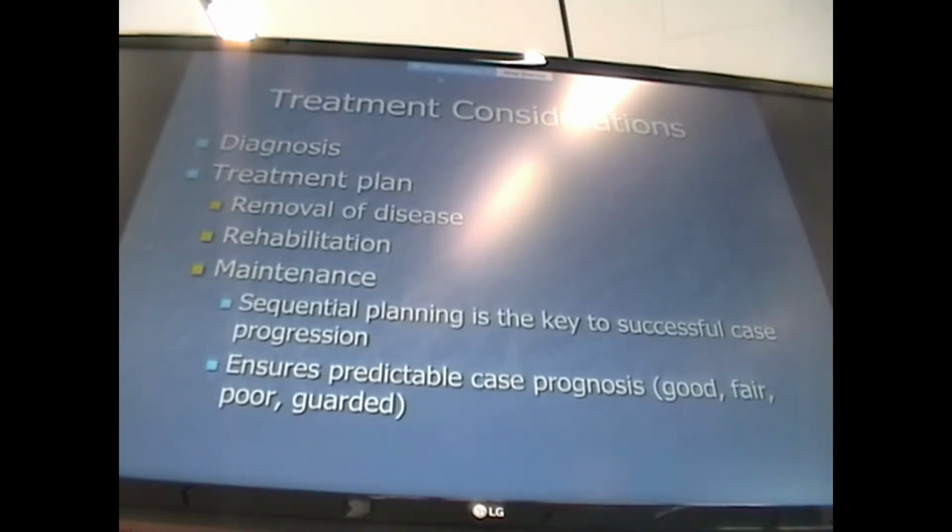So when we start thinking about treatment, we want to remove disease. It could be periodontal disease, it could be caries. We want to then think about how to rehabilitate this patient, how to restore the teeth, how to replace the missing teeth. And then finally, the maintenance.